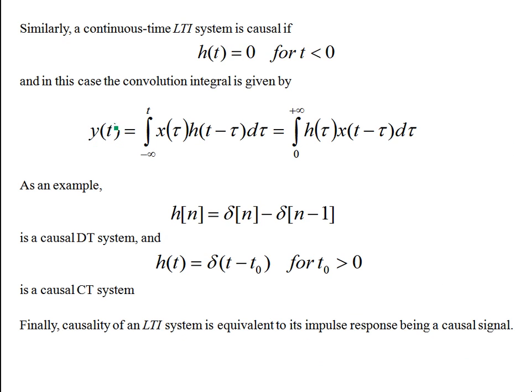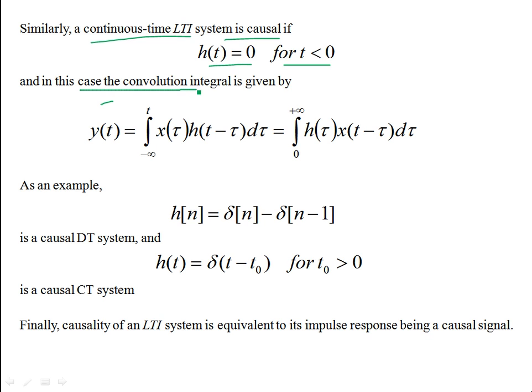Now similarly, if you have a continuous time LTI system that is causal, h of t equals 0 for t less than 0. What does this mean? It has a very similar interpretation to what we discussed in the discrete time domain. You cannot have a response before the impulse is applied, so h of t should be 0 for t less than 0.